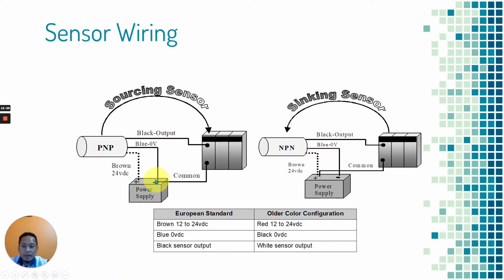The common is negative here, as you can see, and this is common positive on the right-hand side. The sensing, sinking sensor, for example, this one is your controller, PLC or controller. So basically your sensor consists of two signals, positive, either active low or active high, and your signal.